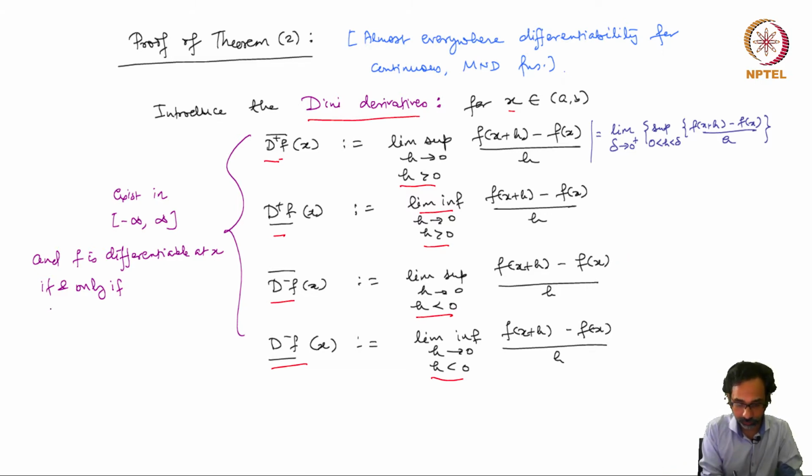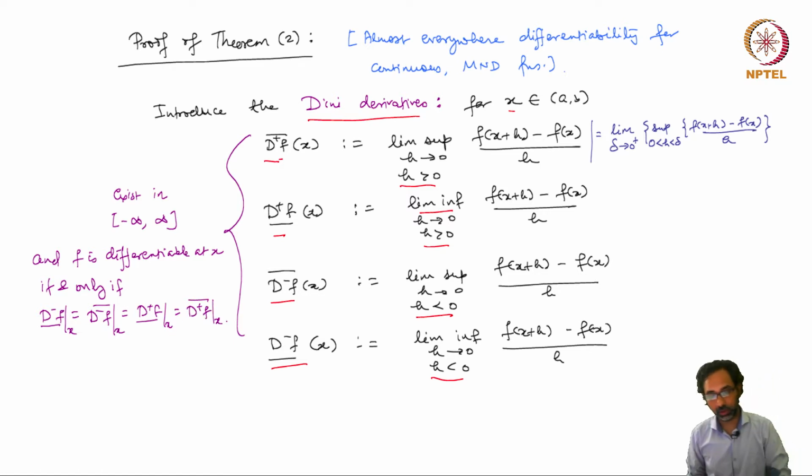So if and only if D minus f lower bar, D minus f upper bar, all of these at x, then D plus f lower bar at x, and D plus f upper bar at x. So all of these, when they coincide, then f is differentiable because the limits will exist.